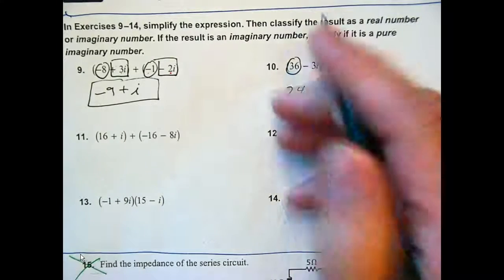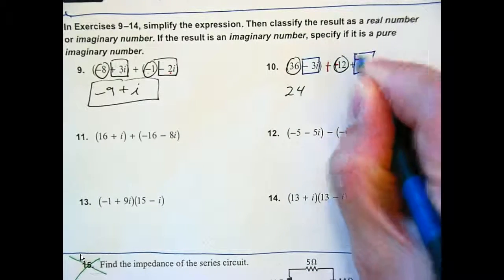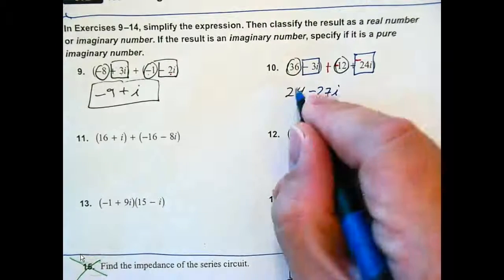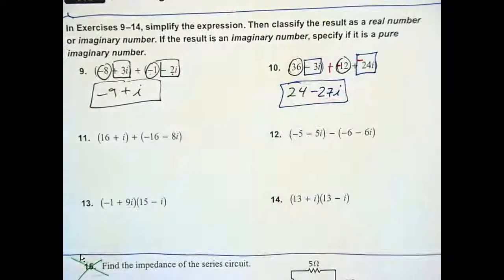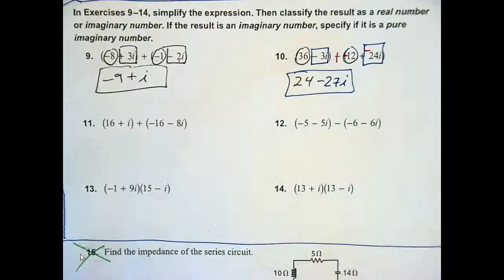And then I have -3i and -24i, which gives me -27i. Total, yay. How many did it right? Okay. How many made it a lot more complex than they needed to? Well, that's why we try these, right? Now you know what not to do and what to do.